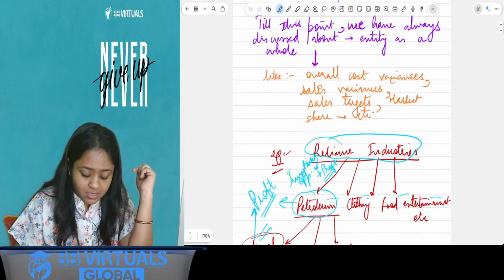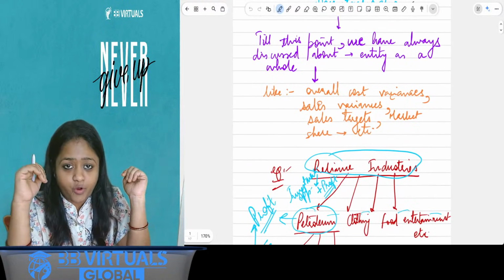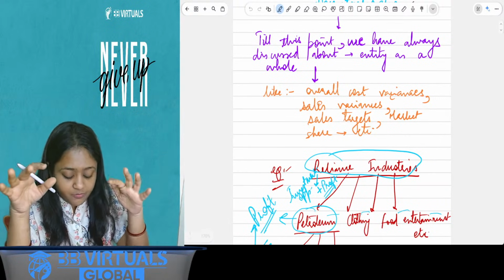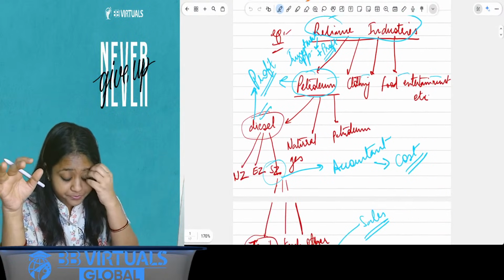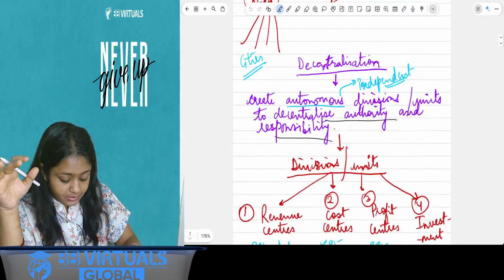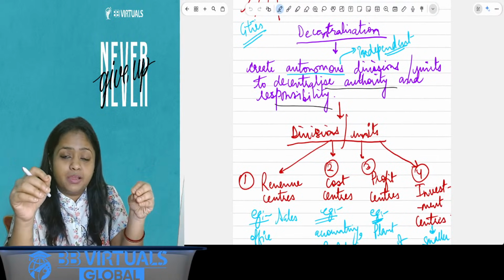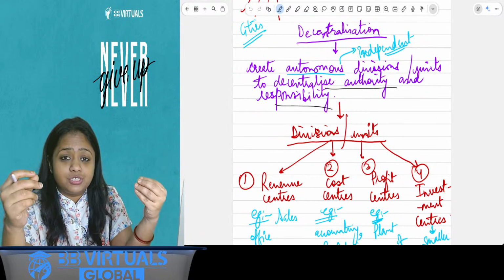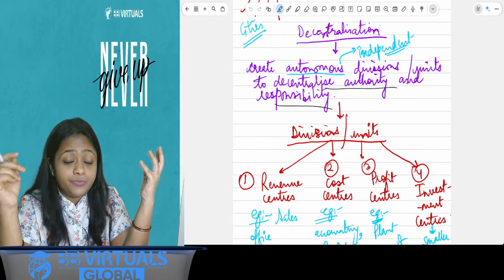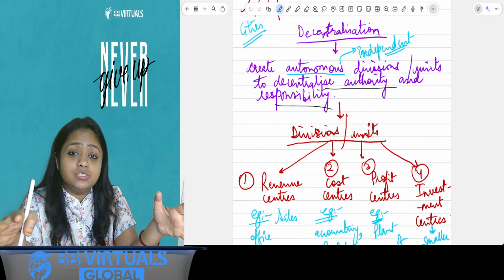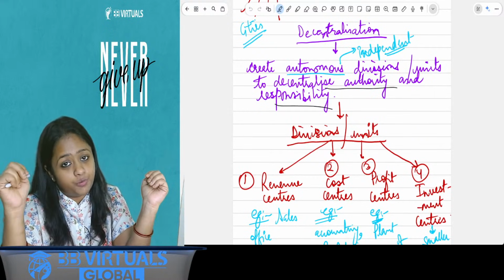So when I look into the detail of divisional performance, here we are basically looking into the performance analysis for the different divisions. That typically means that if, let's say, there are division A, division B, division C, division D, how would the performance of the divisions' managers be evaluated?